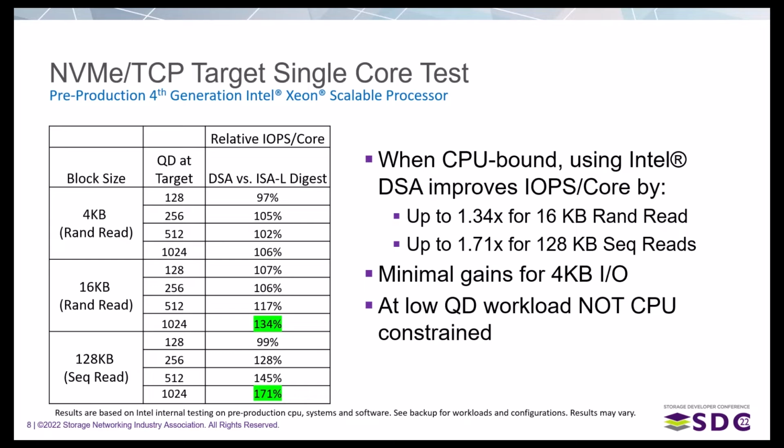So at low Q depth, there were enough CPU cycles for ISA-L software to perform that CRC calculation on the CPU, and also for the target to perform the other tasks such as processing the incoming I/O request via NVMe over TCP, and also submit and complete I/Os to and from the NVMe SSDs.